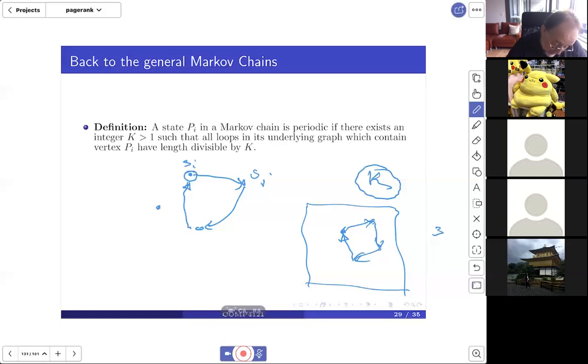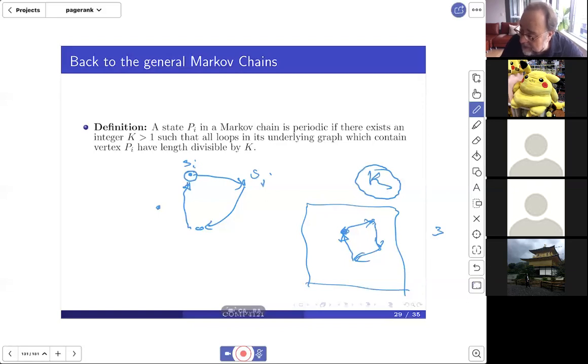Namely, okay, so the graph that corresponds to the Google PageRank graph, right? Why is it aperiodic? Why is it true that there is no web page such that every loop that goes back to that web page has length divisible by, say, 3?